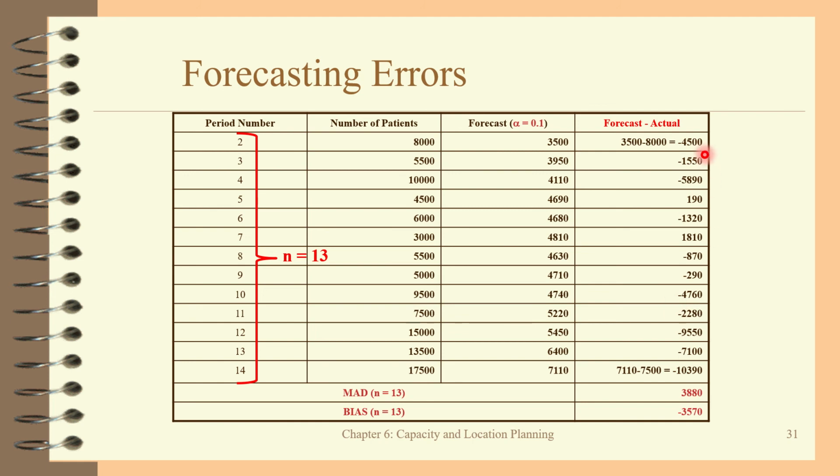And then for the MAD, n is equal to 13, right? N here is equal to 13 because 1, 2, 3, 4, 5, 6, 7, 8, 9, 10, 11, 12, and 13. N stands for the number of periods which have both actual and forecast, the same as the periods to be included in the calculation of MAD and bias.